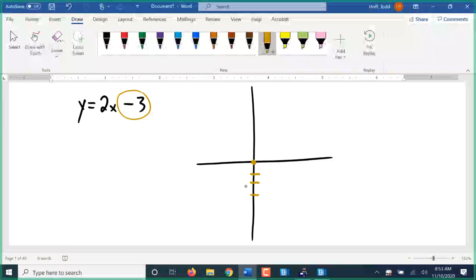So our graph starts right there, 3 units down from the origin. That's referred to as the y-intercept, because that's where it intercepts the y-axis. Remember, this is the y-axis here, the vertical axis.